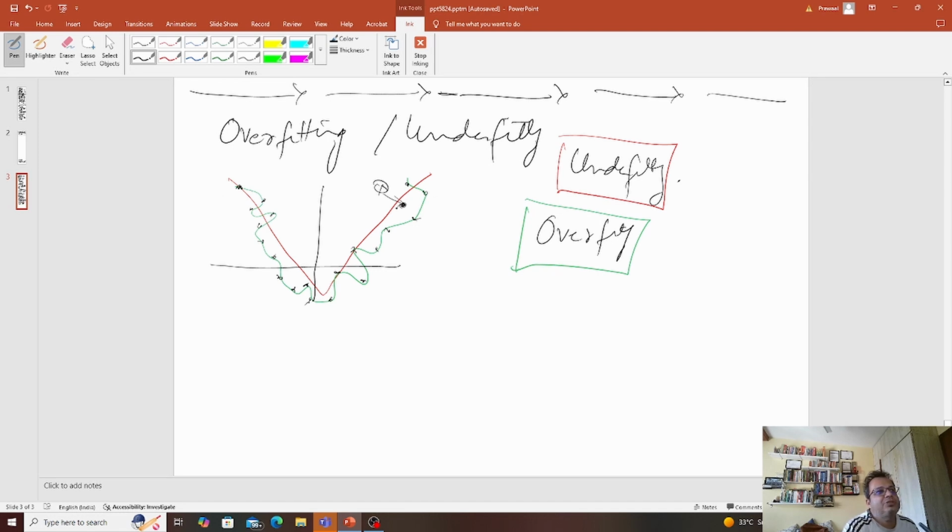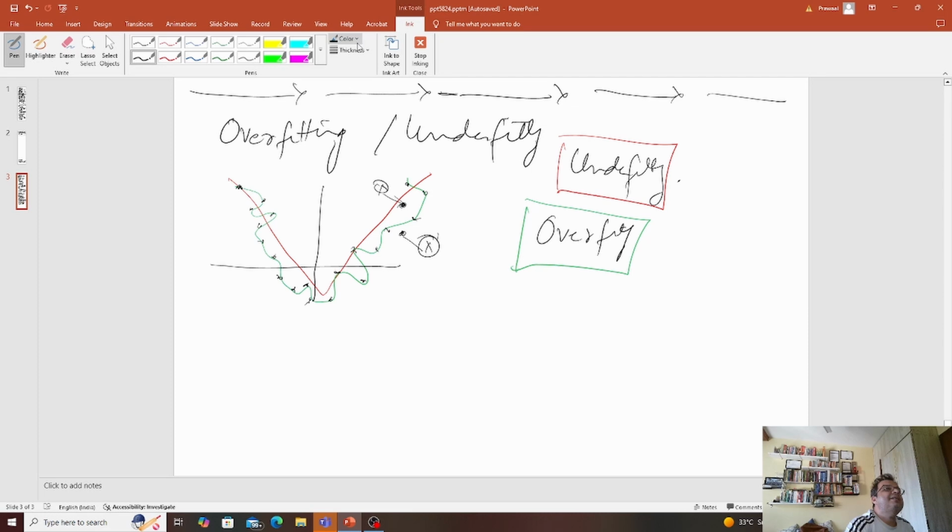In this case it seems that the red line is going to estimate it properly, but this X can be, let's suppose, here as well, X dash. Because the red line is trying to oversimplify the model, the green line is trying to overestimate the model. In machine learning terms, these are called overfitting and underfitting.